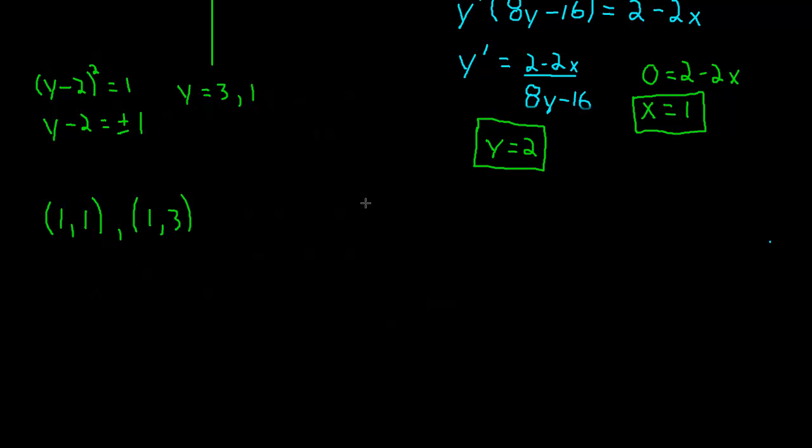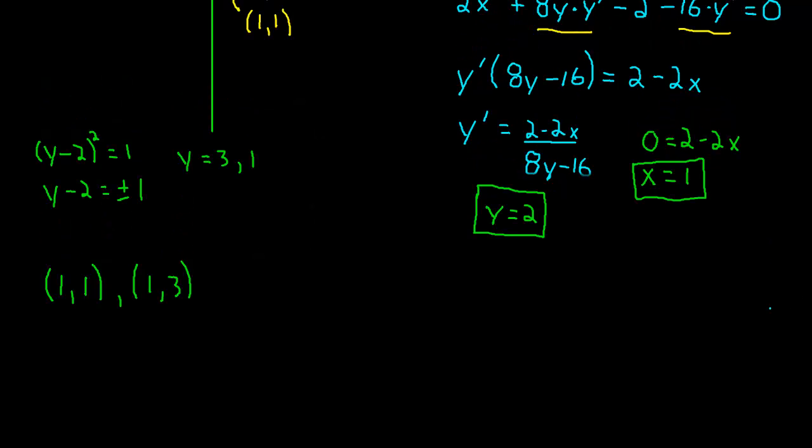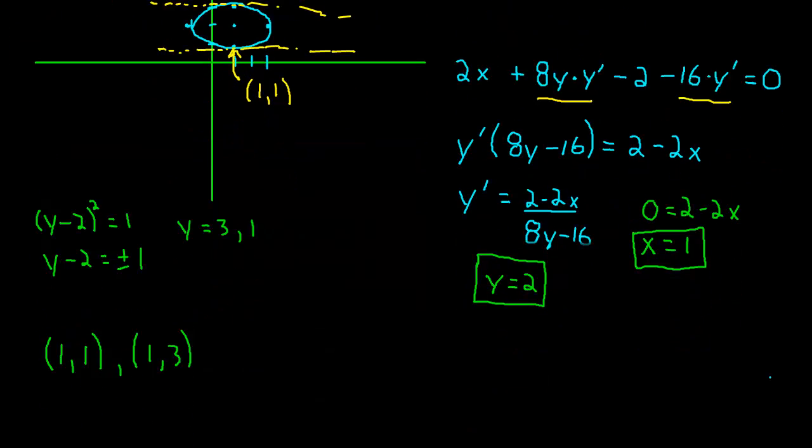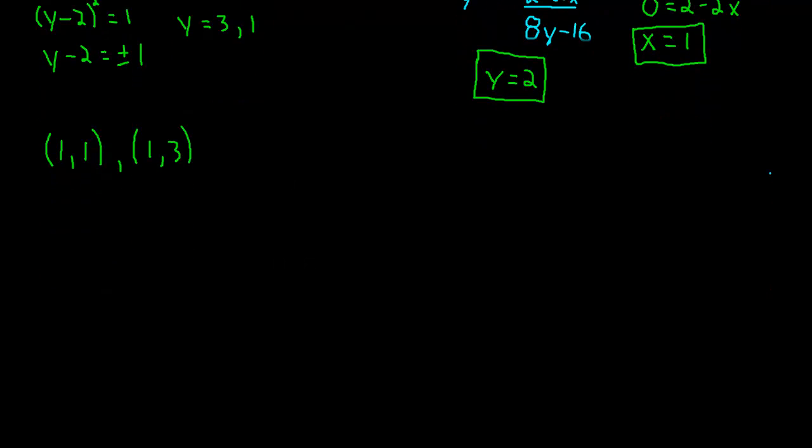But there's two other critical points out there, and they come from this guy right here. I'm going to do the same thing. I'm going to substitute y equals 2 in for y in this equation and figure out what x is. We get x minus 1 squared divided by 4 equals 1.